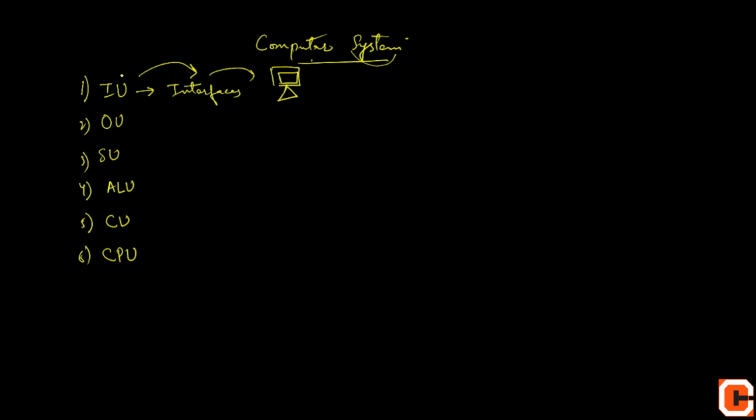Now this input unit is a very major part of a computer system with which a user can enter the data into the computer. There are many examples of this input unit. Like we have a keyboard, we might know about it.